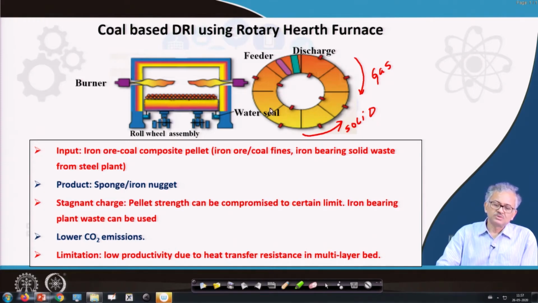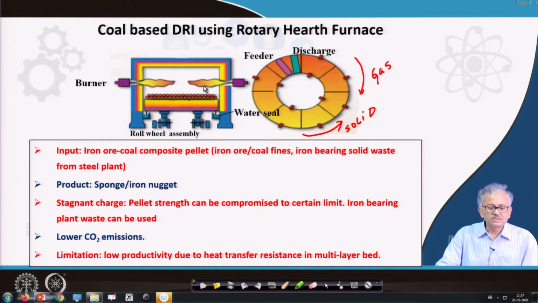The gas first does the reduction and then this gas is used for preheating, and when the gas preheats the solid charge, it loses its energy, and finally the waste gas comes out. So it is basically a counter current process, so efficient heat exchange takes place.